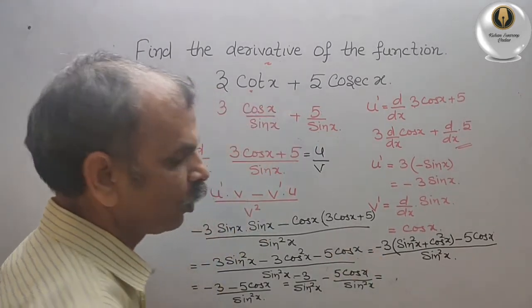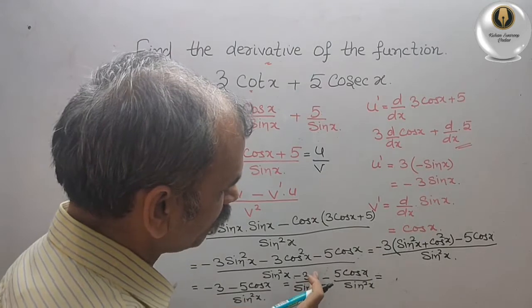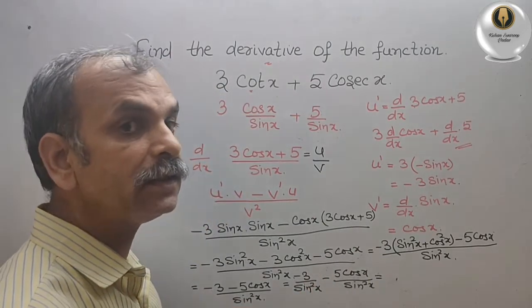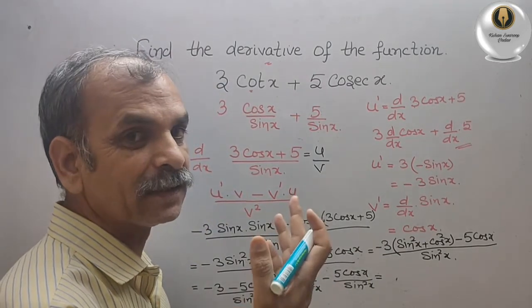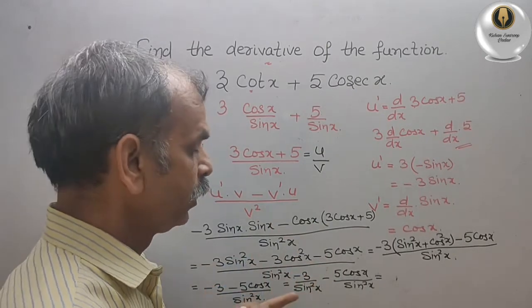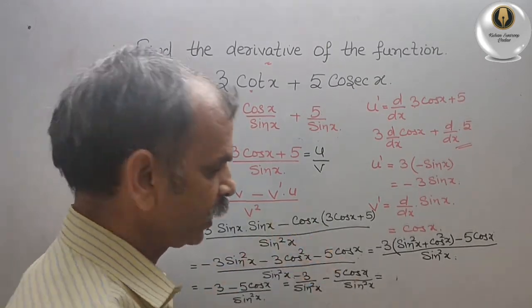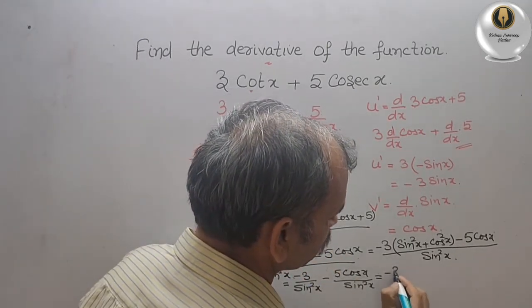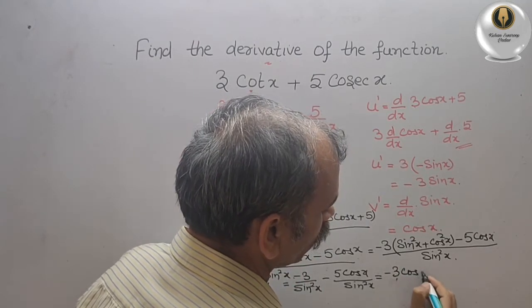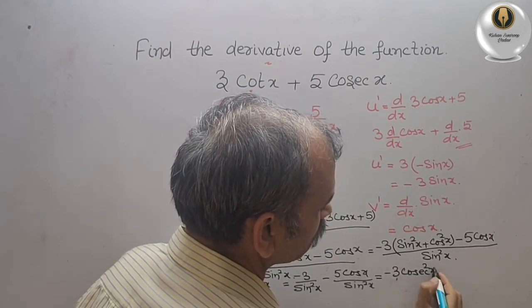This is equal to what? You can see 1 by sin square x is cosec square x. Minus 3 cosec square x.